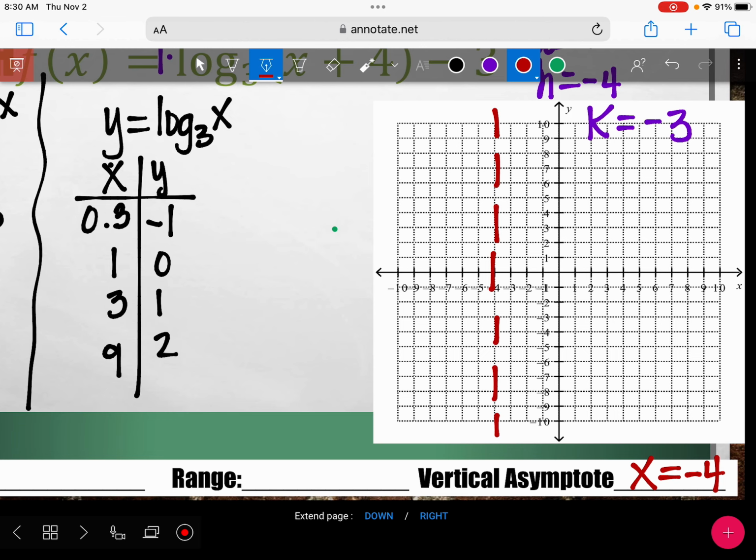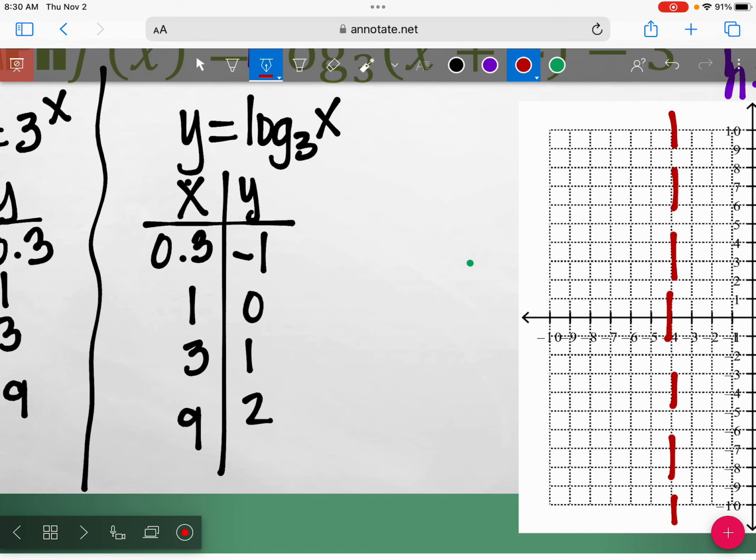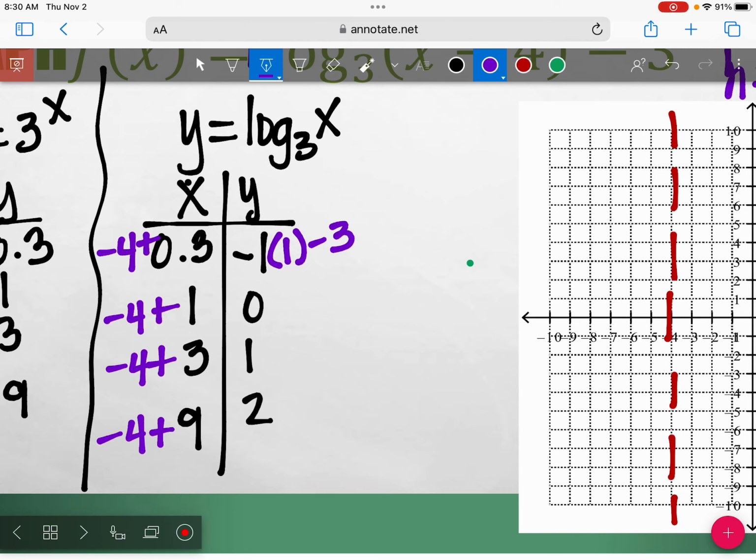And now let's apply our transformation. So to my x values, I am adding negative 4. And then to my y values, I am multiplying by 1 and subtracting 3.